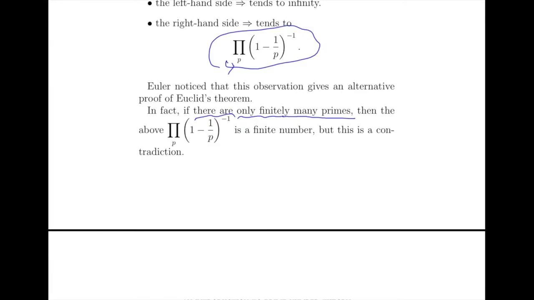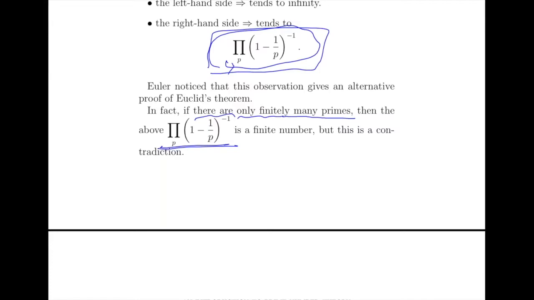So this should be some finite number. But this contradicts the fact that the left-hand side is infinite. So this should not be a finite number. So this implies there should be infinitely many prime numbers. So this is an alternative proof of Euclid's theorem that there are infinitely many prime numbers.